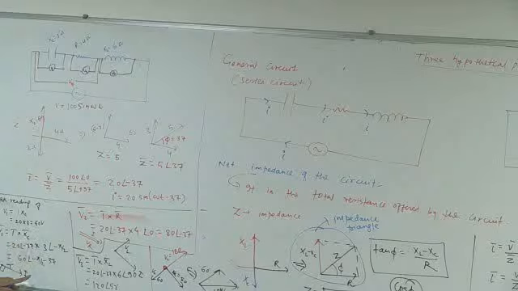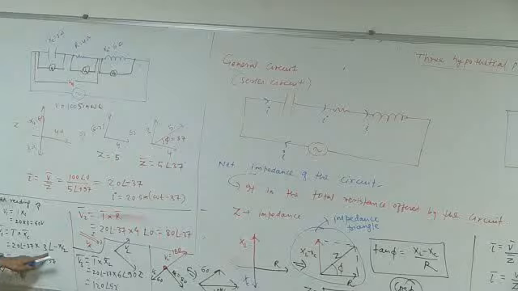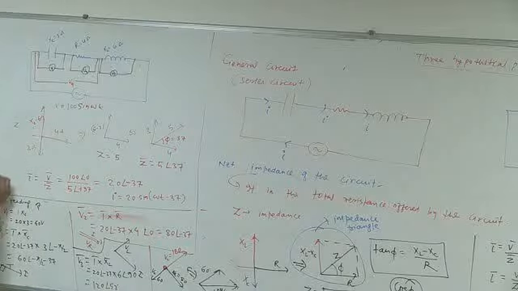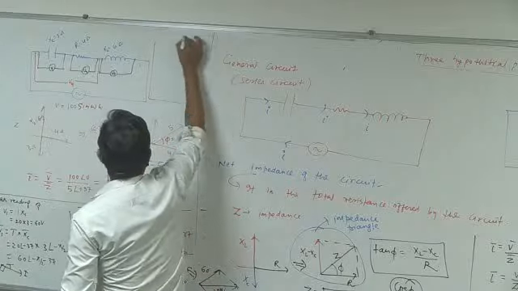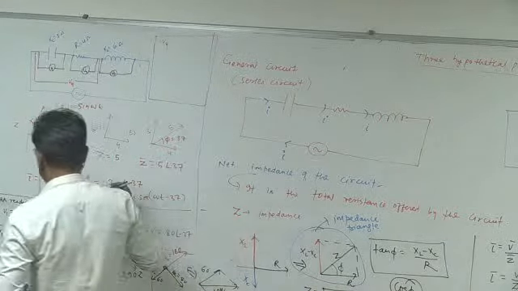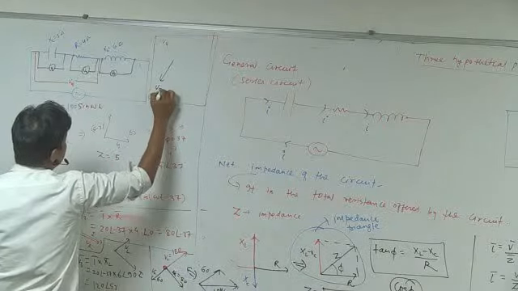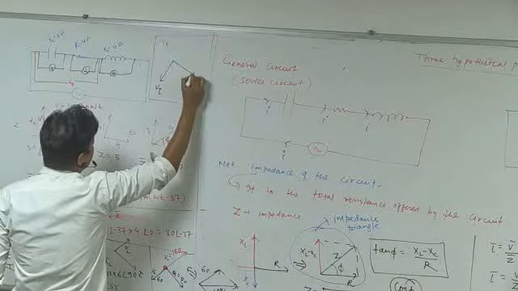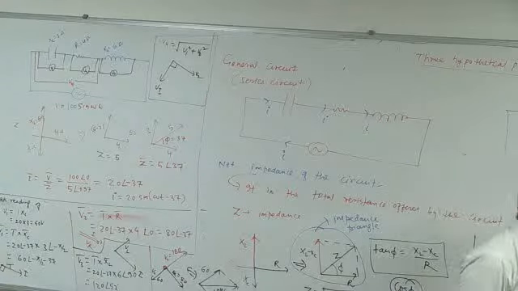Because you can check the angle between them. For V4, this is V1 and this is V2, and the angle between them is 90. So V4 will be the square root of V1 square plus V2 square. Is that clear? Yes or no? Understood? Okay, note it down.